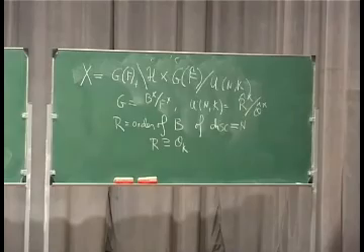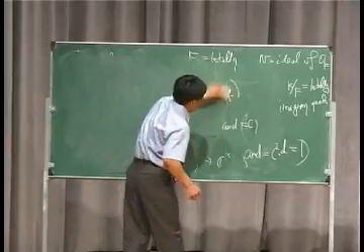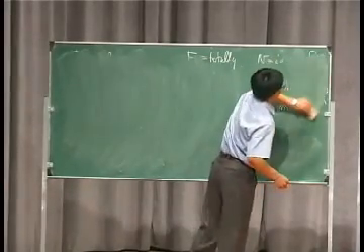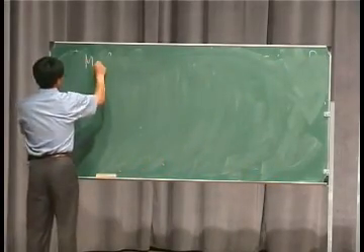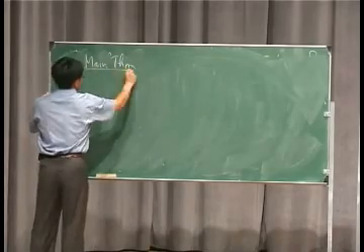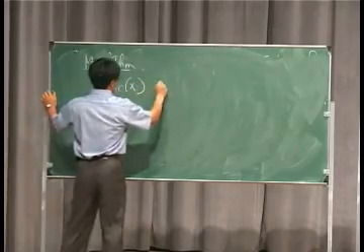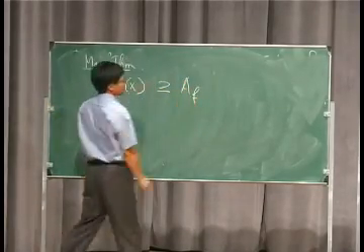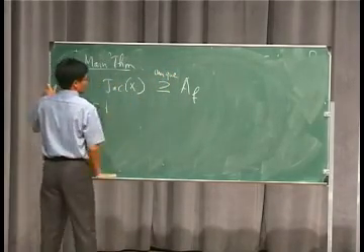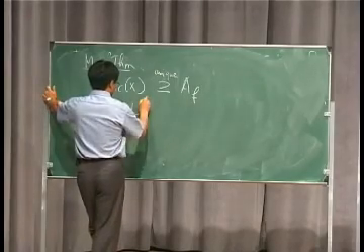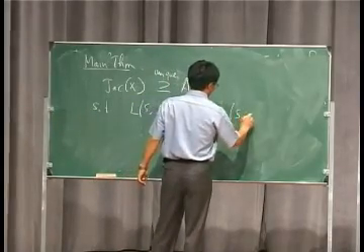Then the main theorem we described yesterday is that this Jacobian of X will have an abelian variety A_f, which is unique, such that the L-series of this abelian variety is exactly given by the Hilbert modular form.